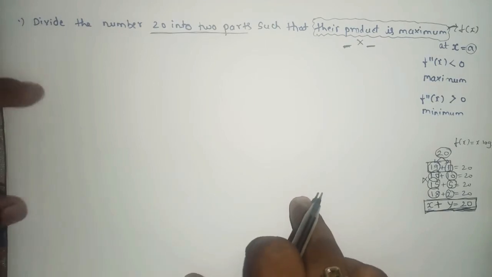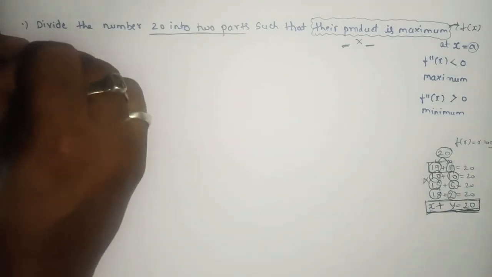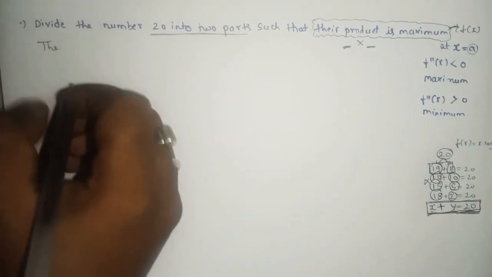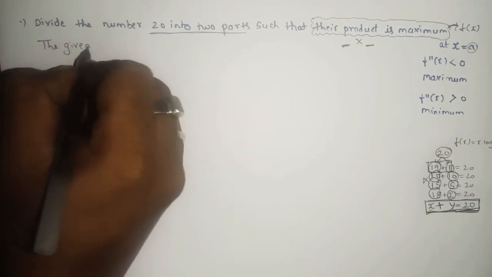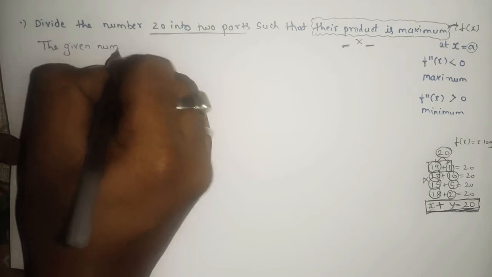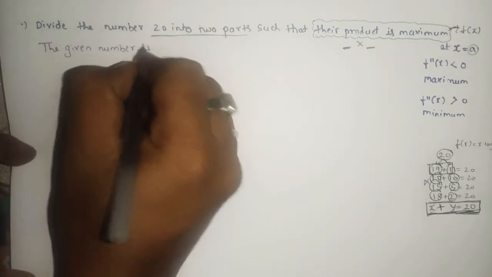So your first step will be what? You will write: the given number is 20.